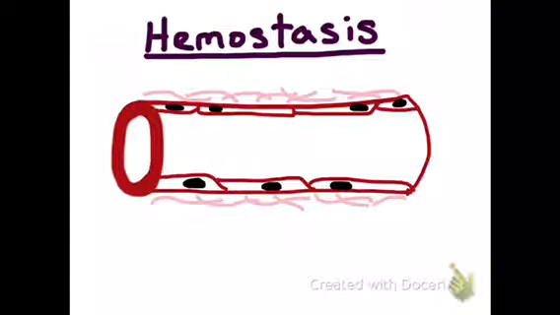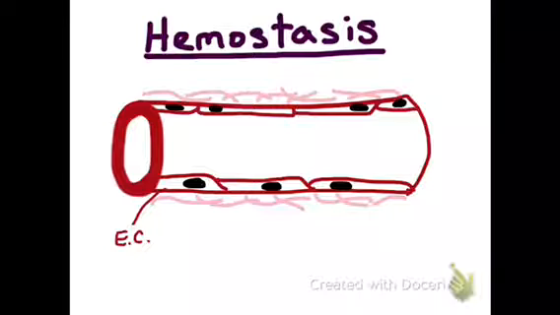This video is going to be on hemostasis, which is the process by which blood clots form at the sites of vascular injury. So I've already drawn a blood vessel that is lined by red endothelial cells, and I'll abbreviate that with an EC.